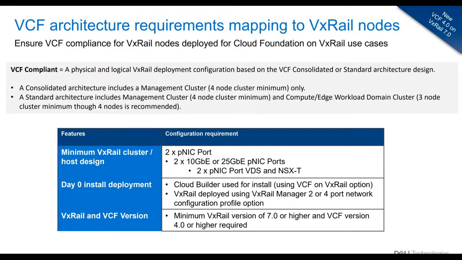However, 8 nodes is recommended, but that drop to a minimum of 7 nodes is now in complete alignment with what you would find with Cloud Foundation anywhere else. And finally, there are new changes to the 2 PNIC node configurations with support for the converged VDS and NSX-T. So these are some of the bare minimums you would have in order to run Cloud Foundation on VxRail.